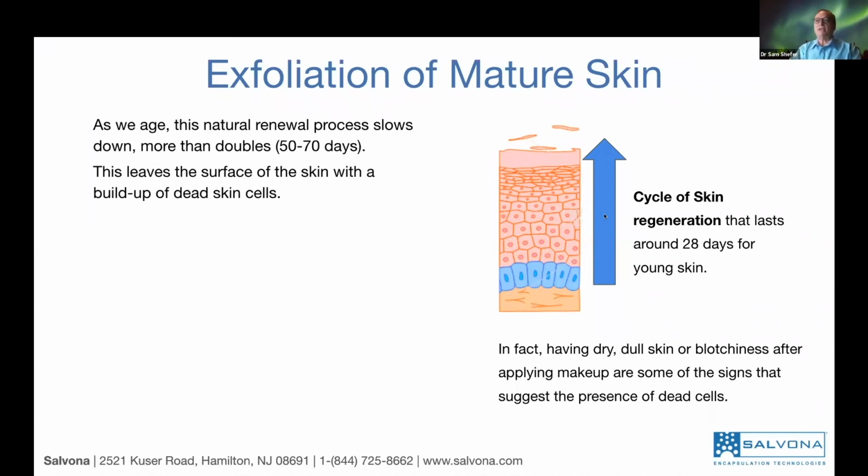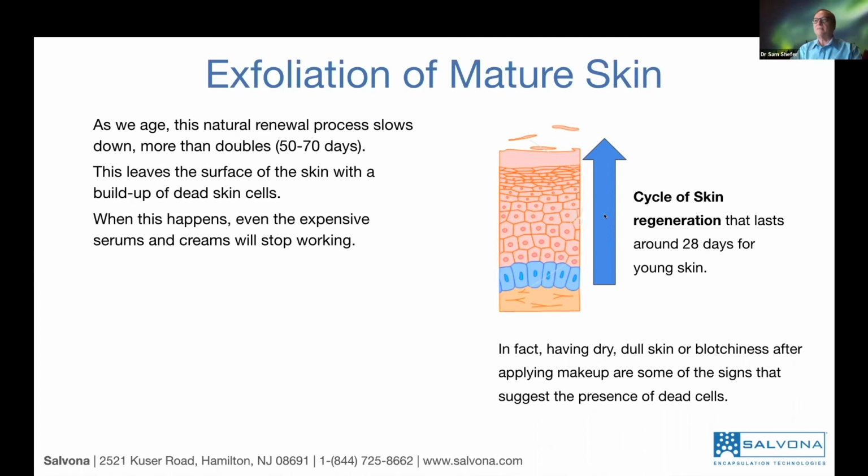Now how do you know that you need to exfoliate the skin? When you see a skin that's very dry, dull, blotchiness, especially after you apply the makeup does not stay for longer, then it's a good sign that this skin could benefit from a good exfoliation process.